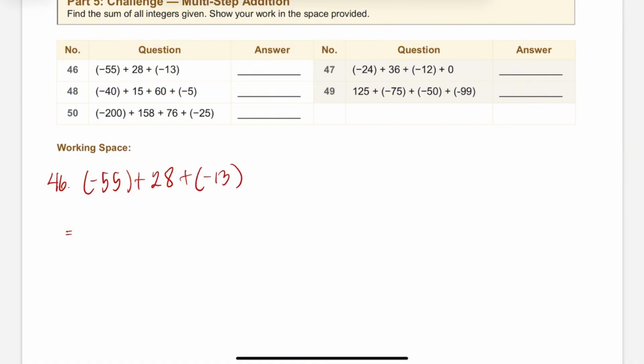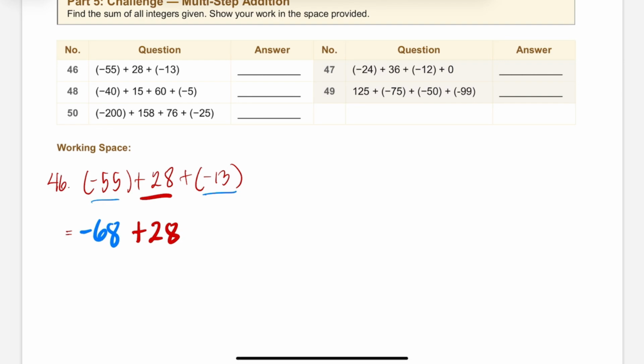Now, let's do it here in number 46. Let's add first the numbers with negative signs. So that's negative 55 and negative 13. They both have negative signs, so we can just add them. 55 plus 13 is 68. And then we copy the sign, negative. Now we have negative 68, and then we add it to positive 28.